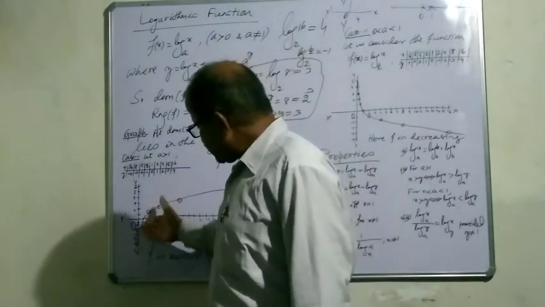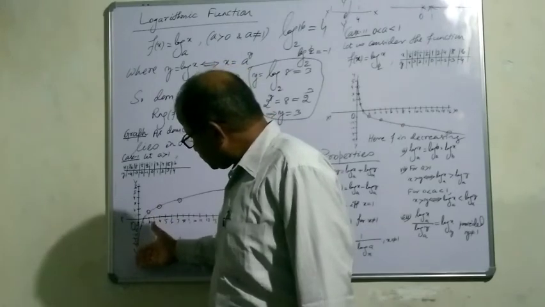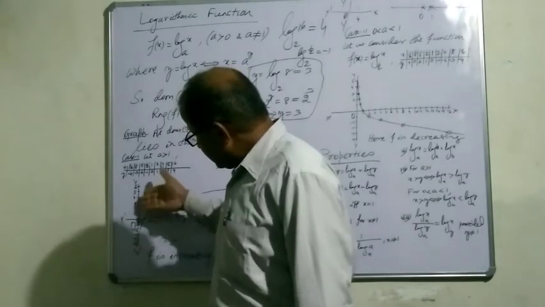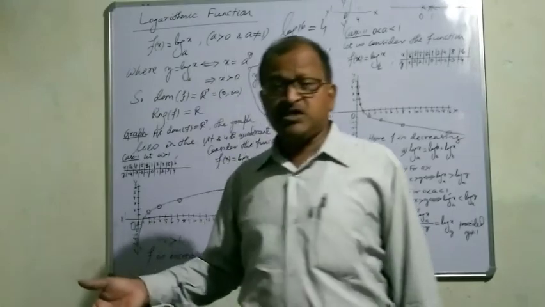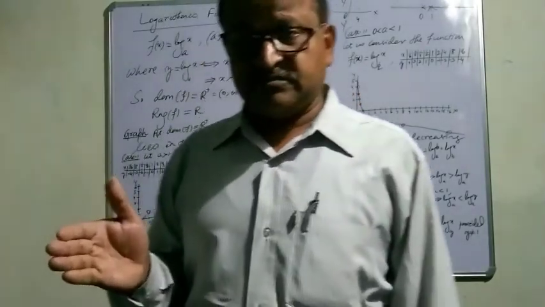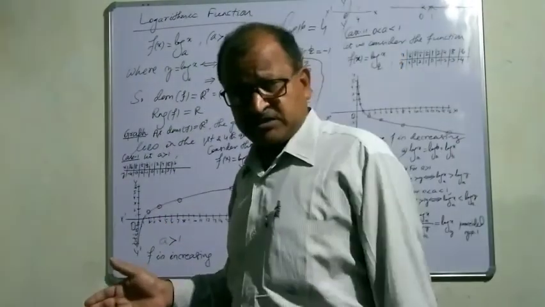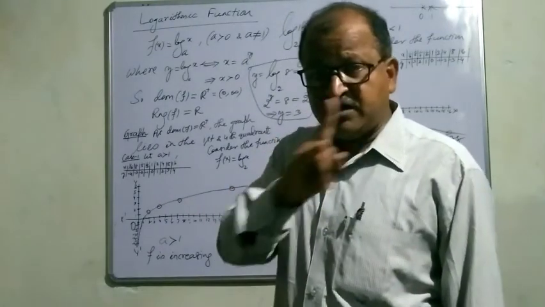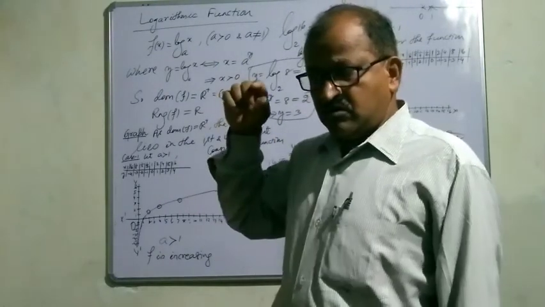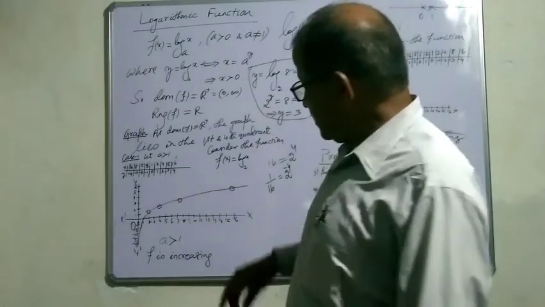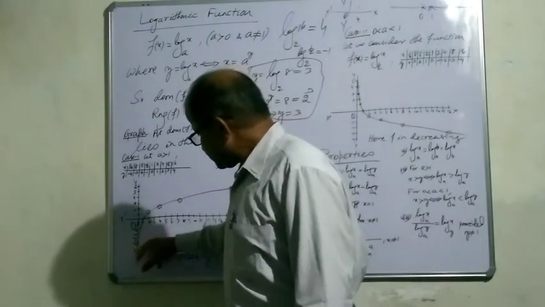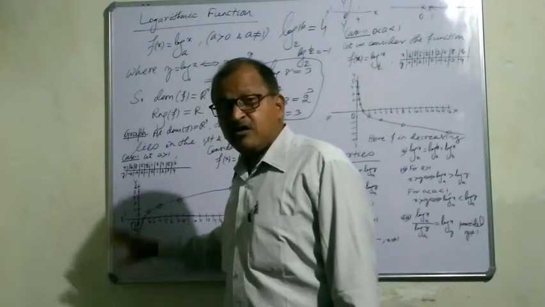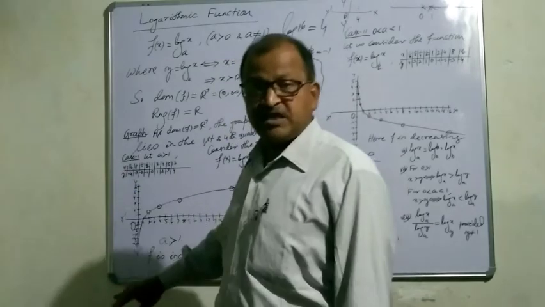That means the graph seems to converge with the negative side of the y-axis, but it will never meet the y-axis. It will look like this, right? But it will never meet the y-axis.